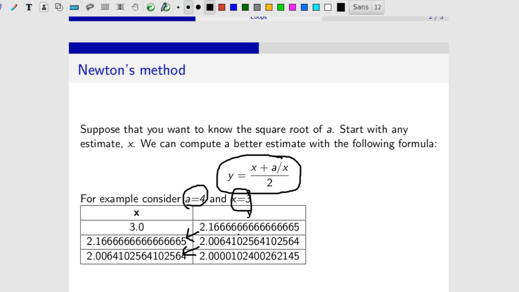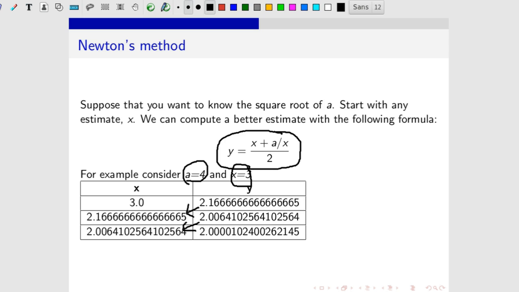So, when you are writing the program, what you can do is take the difference between x and y. If the difference between x and y is less than some very small value, say 0.00001, then you can break from the loop.